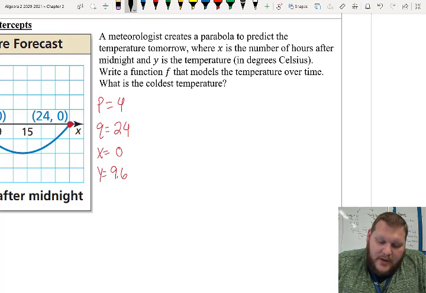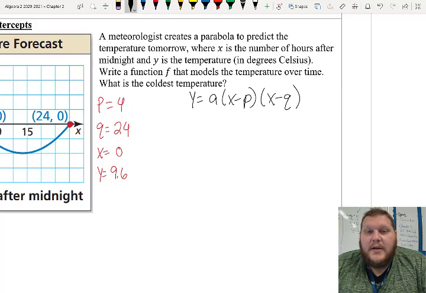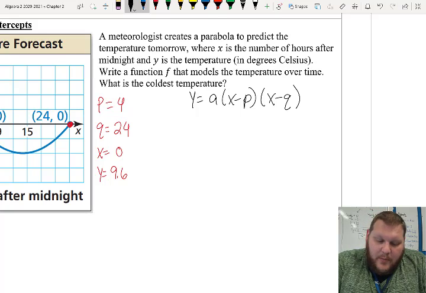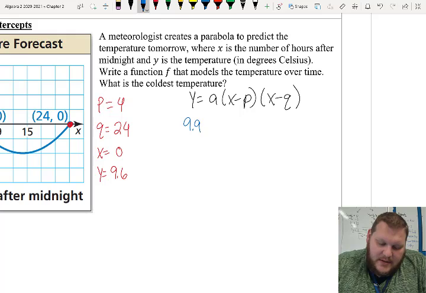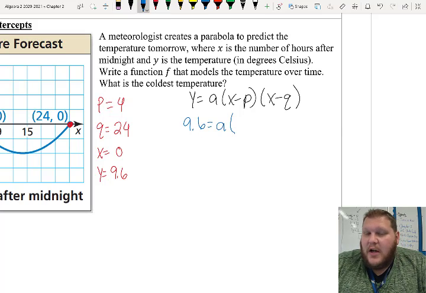I know in general y equals a times (x minus p) times (x minus q). That's intercepts form. So if I plug in the things that I know, y was 9.6. I don't know what a is. That's what I'm going to be solving for.